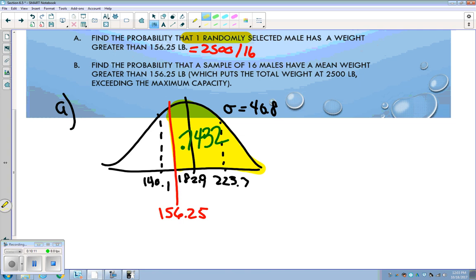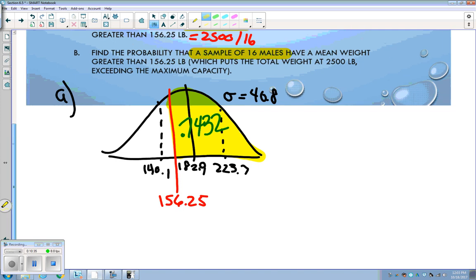Now I know I have to use the central limit theorem simply because it says I'm taking a sample. I'm not choosing one individual from the population. I'm choosing 16. As soon as I know that I'm choosing 16, I have to do another calculation.